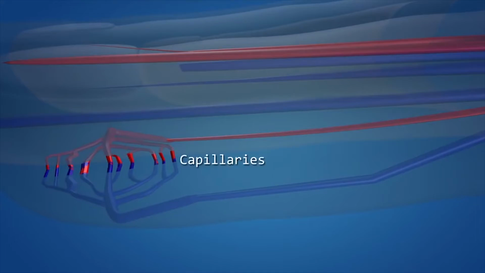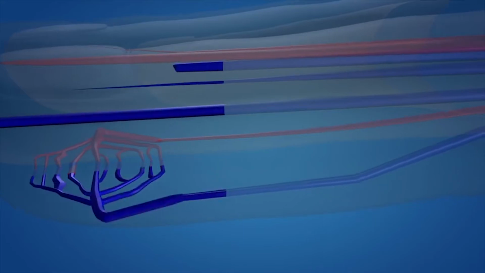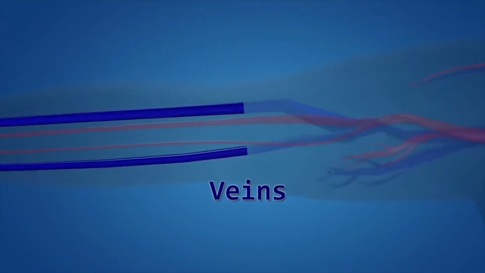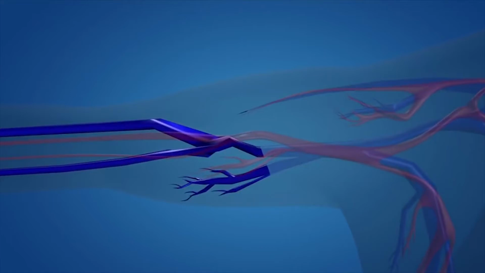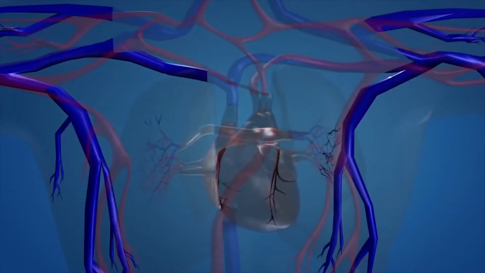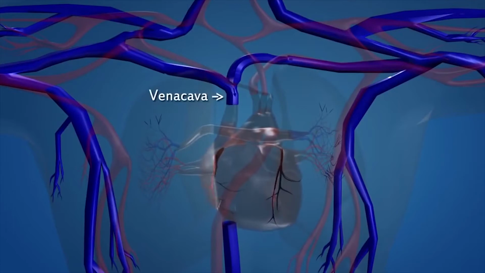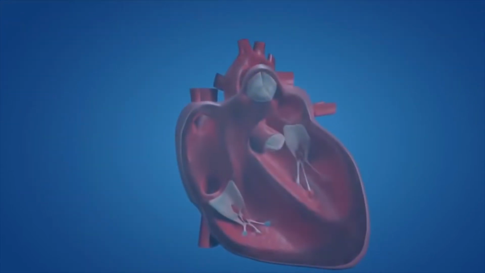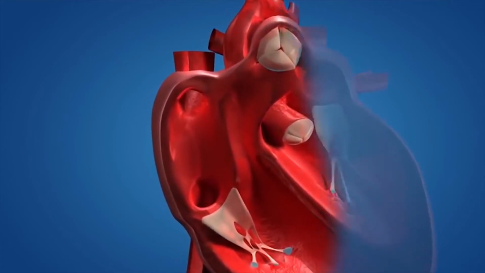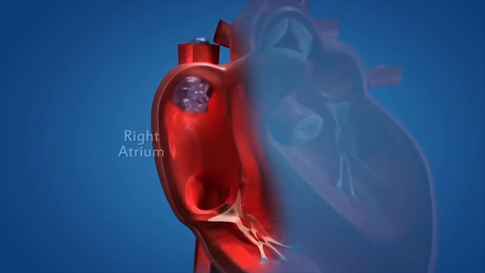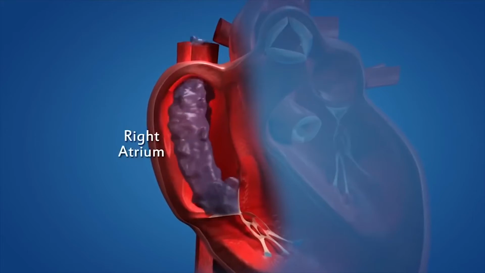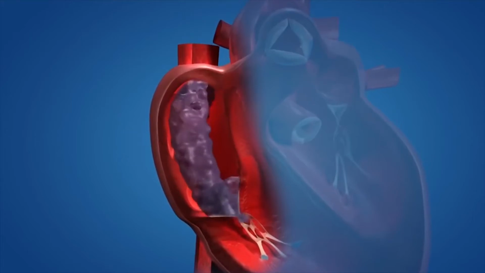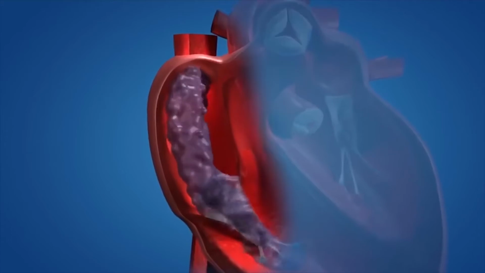So, deoxygenated blood, rich in carbon dioxide, returns back again through veins. The two large veins, which are called the vena cava, superior and inferior, open in the right atrium. When the right atrium contracts, deoxygenated blood is pushed towards the right ventricle through the tricuspid valve.